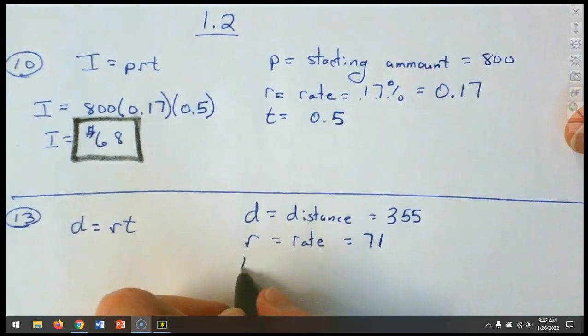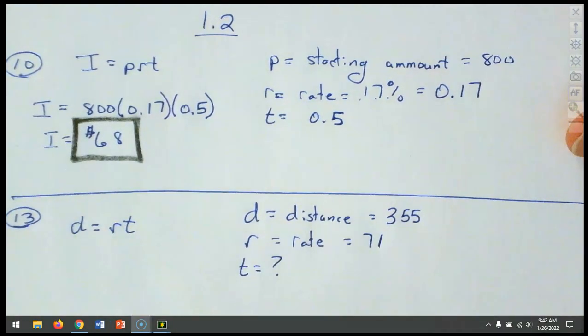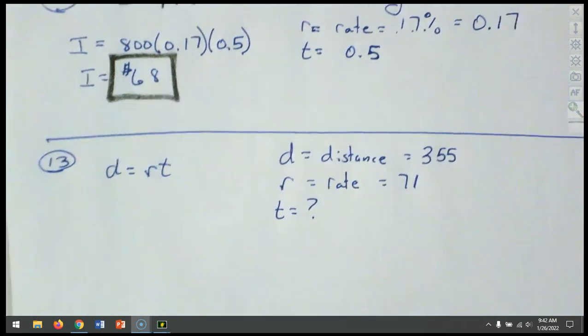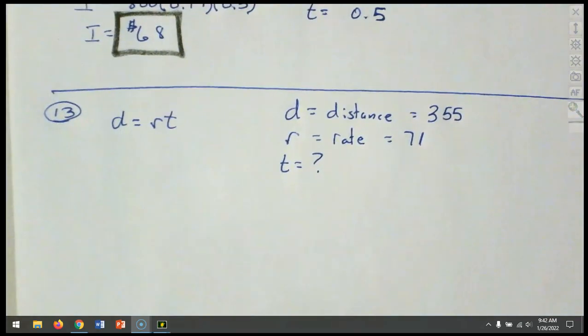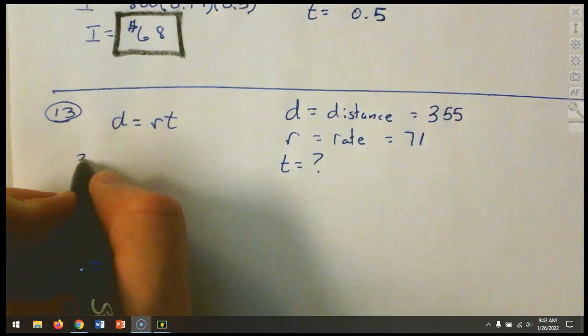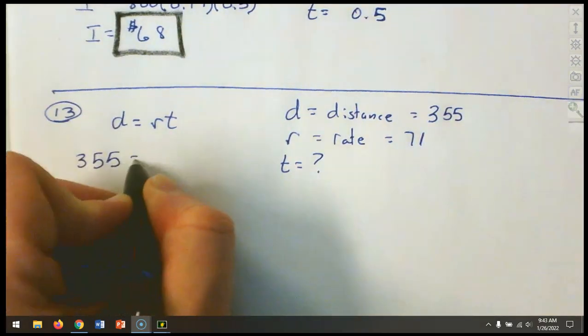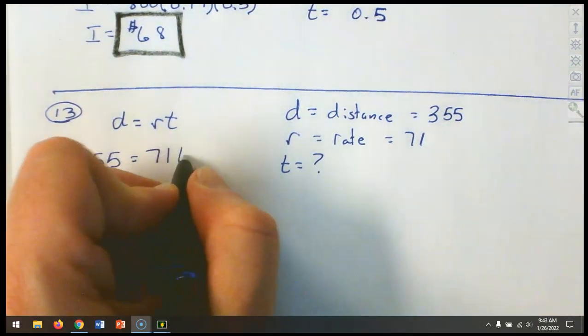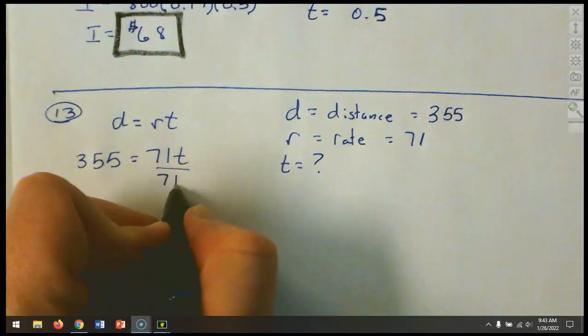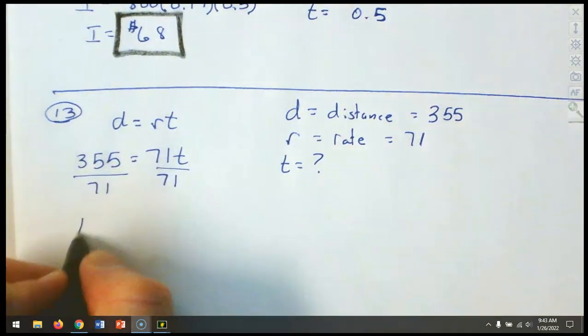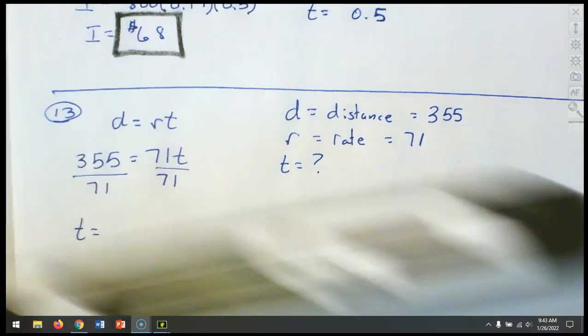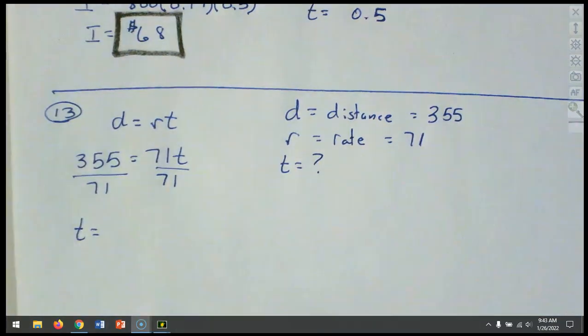And then the time is what we don't know. So let's put our pieces together, and we've got 355 equals 71t. We'll divide by our 71. And then that leaves us with our time here. 355 divided by 71. And that comes out to be 5.